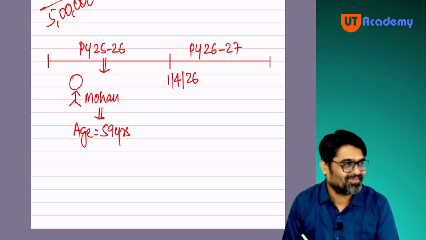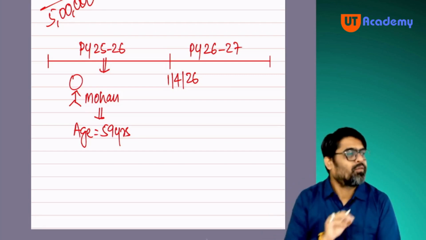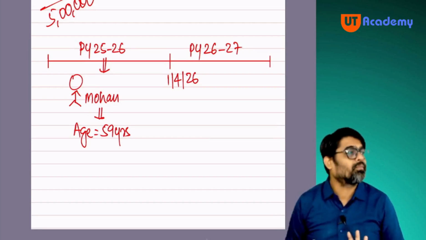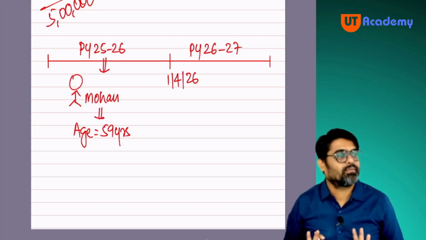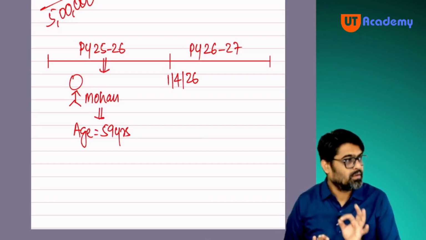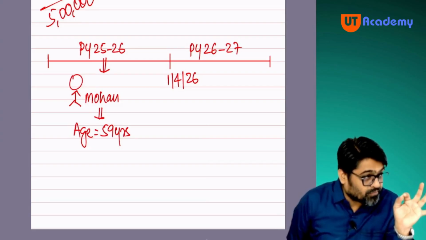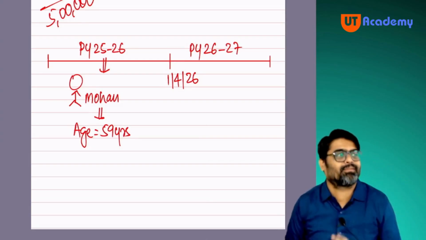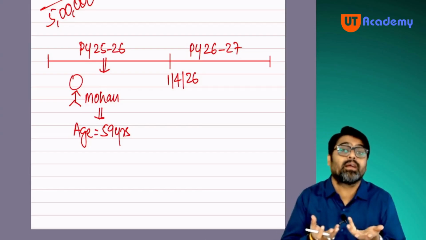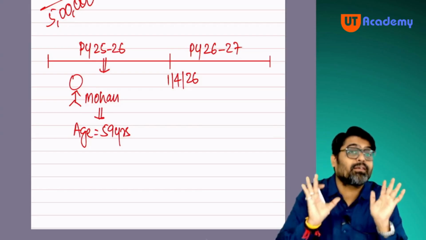How come, sir? I will give you one example. For example, today is 1st April and I'm born today. From 1st April to 31st March, 1 year will be completed. When will I say that I completed 1 year?